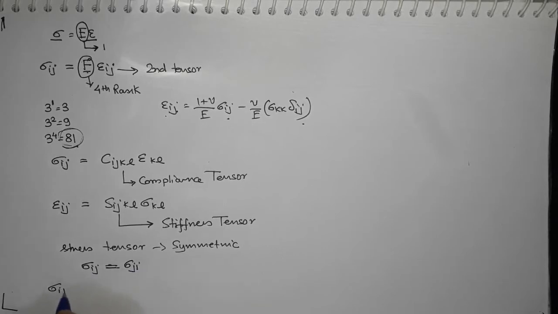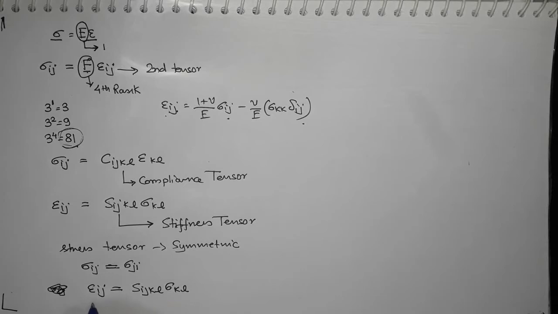So instead of that we write epsilon ij, and we deal with only the stiffness tensor, which will be true for the compliance tensor also. So epsilon ij we can write as Sijkl sigma kl, right?